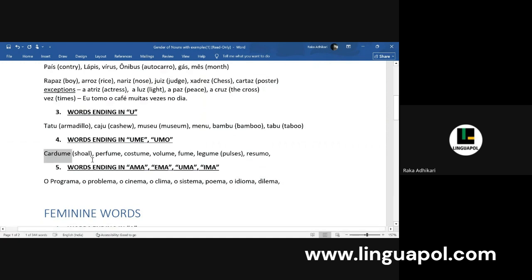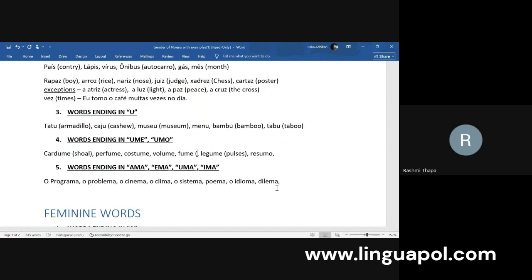So we have cardume. Cardume is a shoal. Shoal means it's a collective noun for fishes. A shoal of fishes. Cardume de peixes. Cardume is a shoal. Perfume, perfume. Costume, costume. Volume, volume. Fume. What is fume?